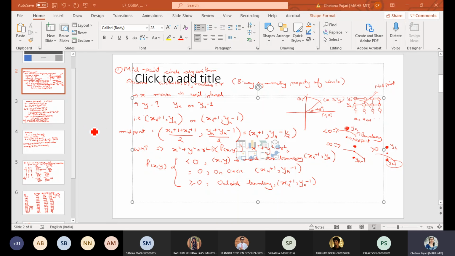Point B is inside the boundary, and point A is outside the boundary.